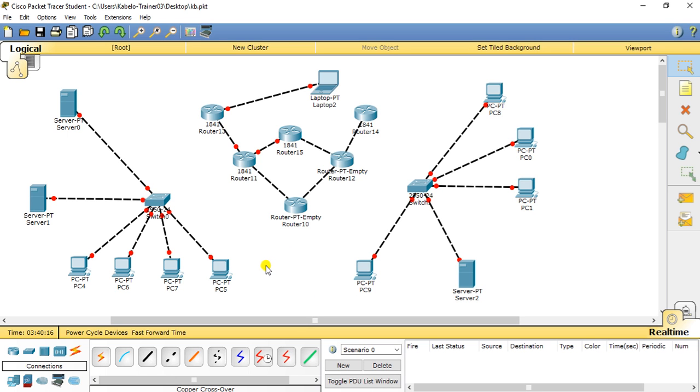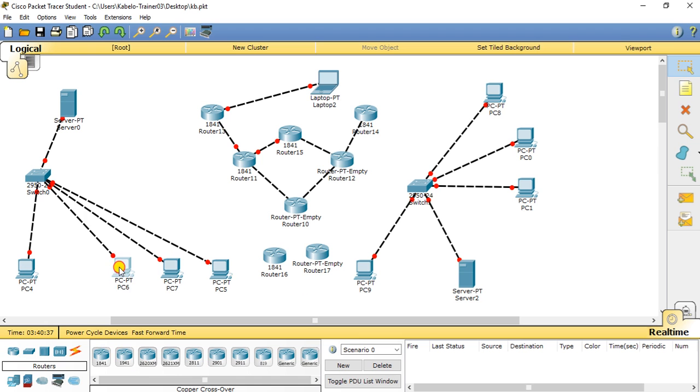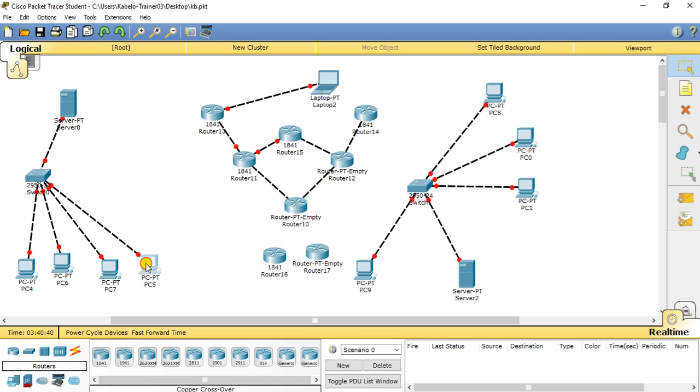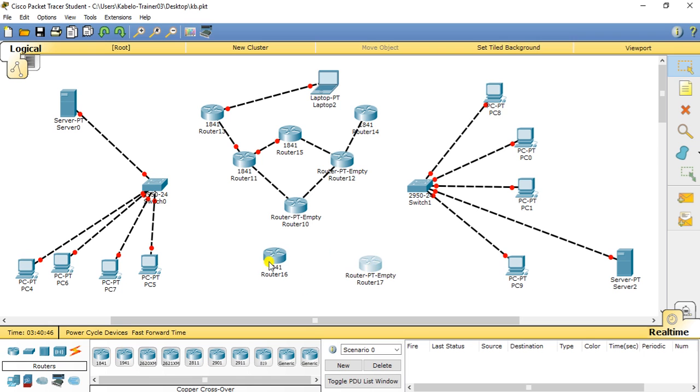As I've explained from my previous video, session 1 video, we've got two LANs connected to each other, which forms a WAN.